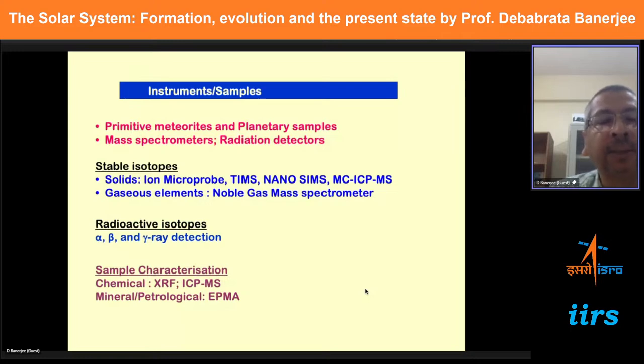In some situations, particularly in the case of meteorites, you also need to study the gamma rays emanated from the meteorite. Sample characterization is done using an X-ray fluorescence spectrometer and an inductively coupled plasma mass spectrometer. Mineralogic and elemental analysis is done using an electron probe microanalyzer by looking at the X-rays.